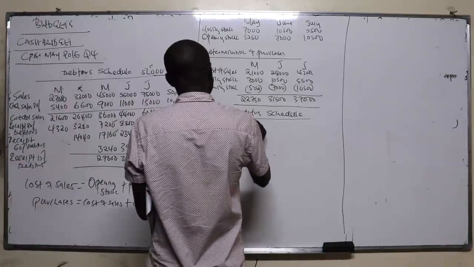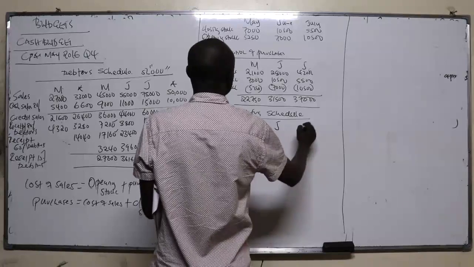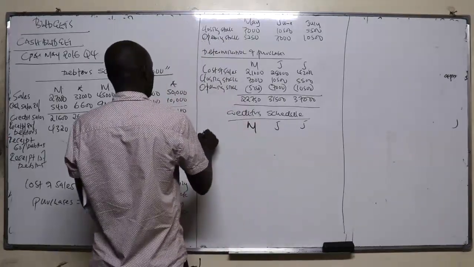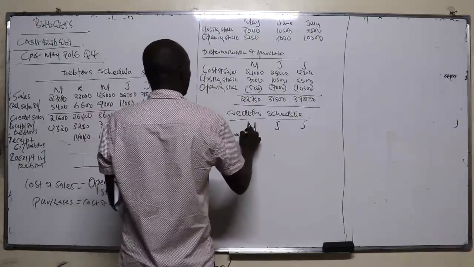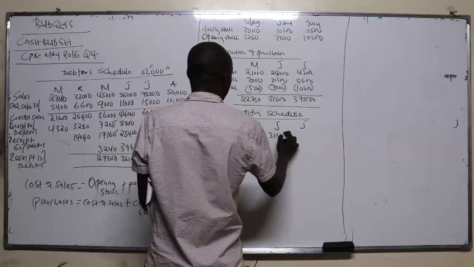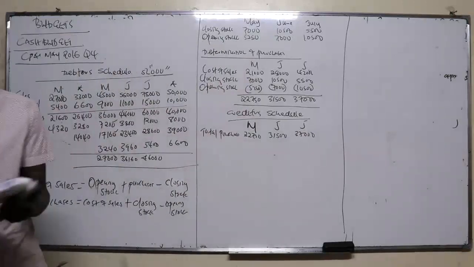So we have here May, June, July. So we have here total purchases: 22,750, 31,500, 37,000. So this one we determine how they are going to be paid.